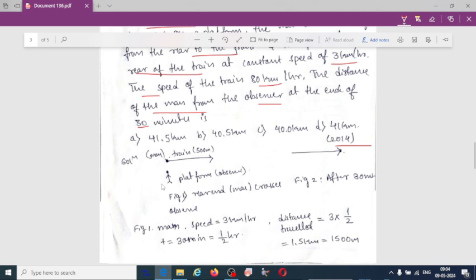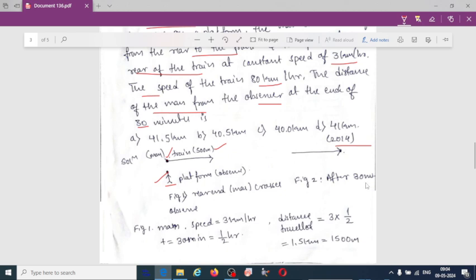So first try to understand by the diagram here. So the man is at the rear end of the train. Here is the man. So the length of the train is how much? 500 meter. So the observer is standing on the platform. So here the rear end of the train crosses the observer.